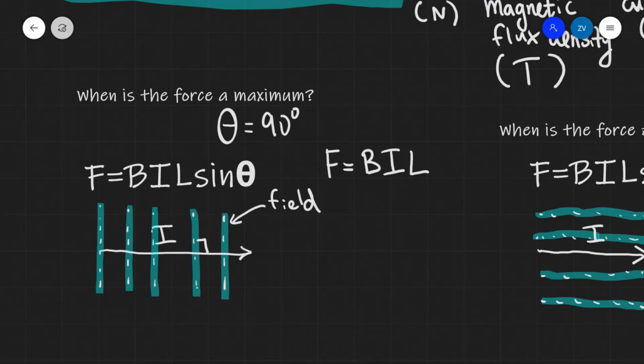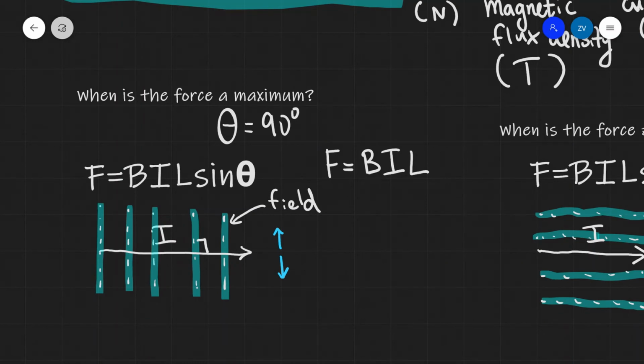Notice that there are a total of 4 directions in which the field could be orientated. For instance, if the field was going up, it'll be perpendicular to the current. If the field was going down, it will also be perpendicular to the current. However, let's think in 3D.